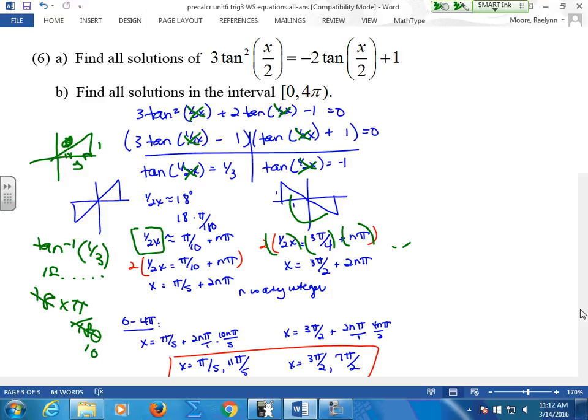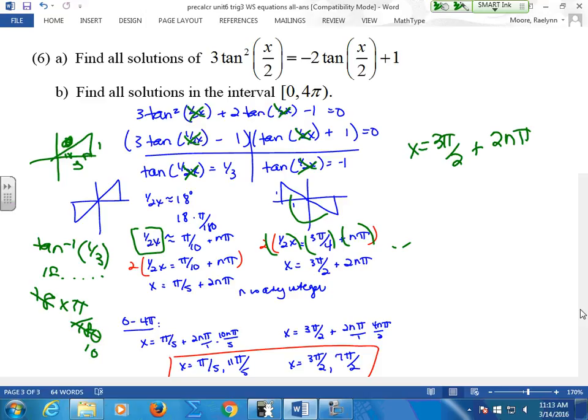And then 0 to 4. You can go 0 to 4. Can everybody take this right here and add 2n pi to this? If I have an angle, 3 pi over 2, and I have to add 2n pi, it's not a fraction.